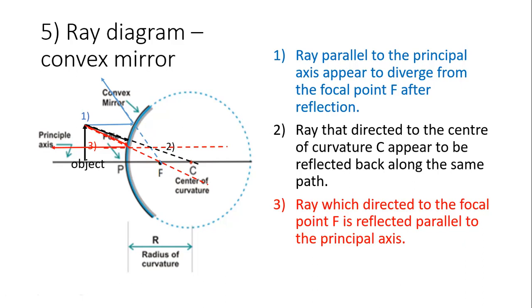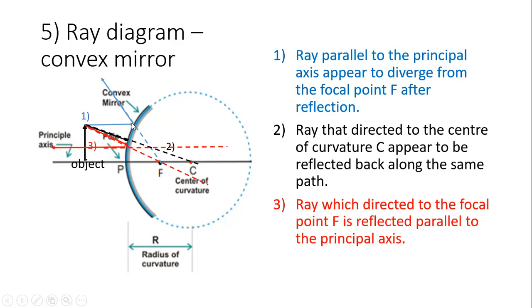A ray directed to the focal point F is reflected parallel to the principal axis. But teacher, the line from the object toward the focal point F is not parallel to the principal axis. It's a different line. This is going towards the focus. Yes. After reflection, it goes parallel to this axis.